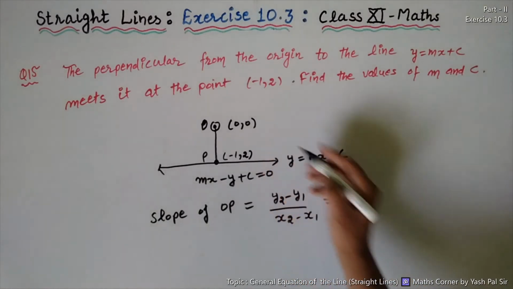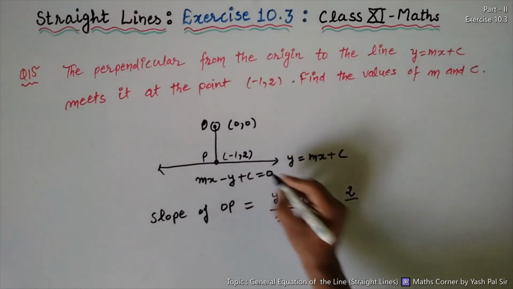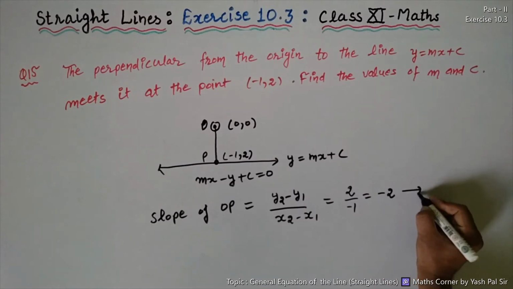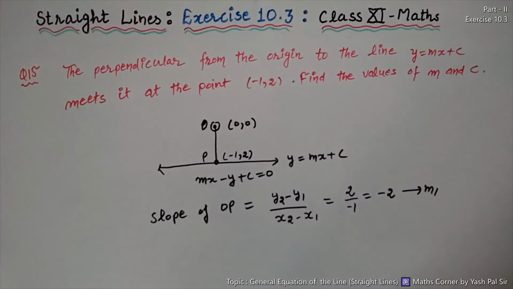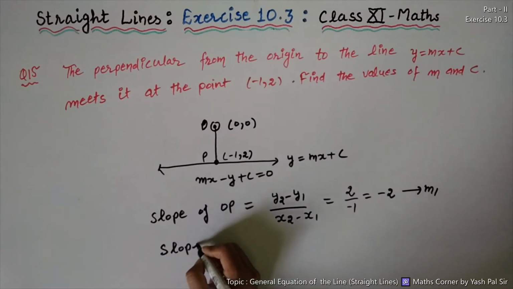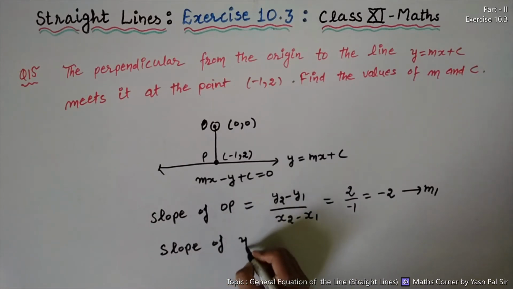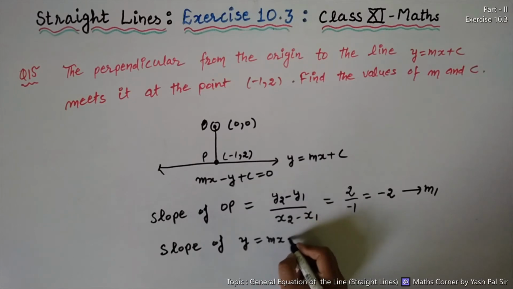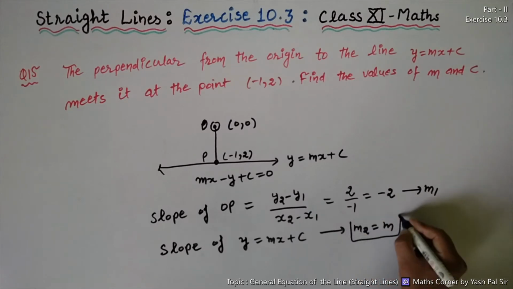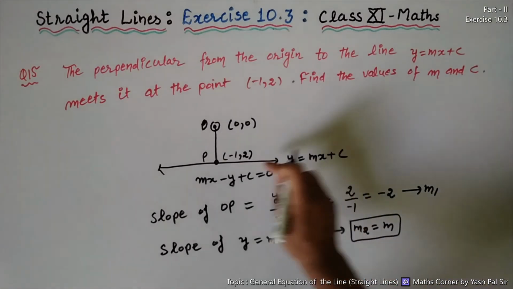This is equal to 2 minus 0 upon minus 1 minus 0, which is minus 1. This is equal to minus 2. Suppose this is m1. Similarly, the slope of y is equal to mx plus c, this is m2 is equal to m, right?